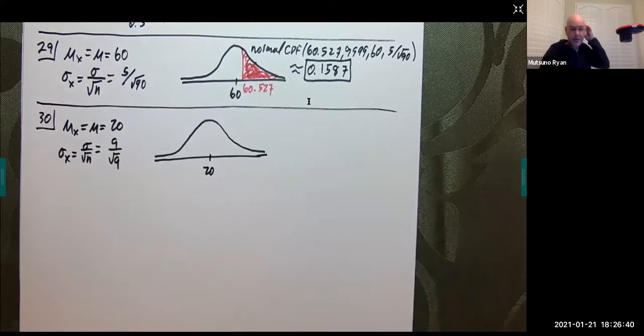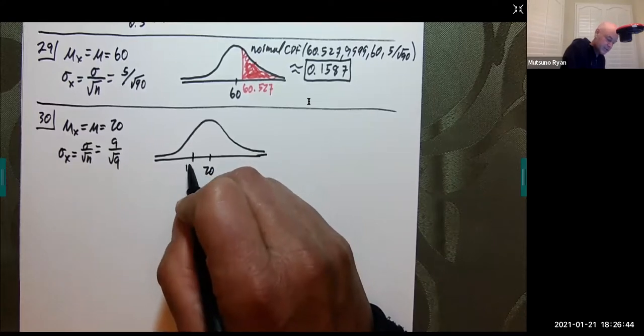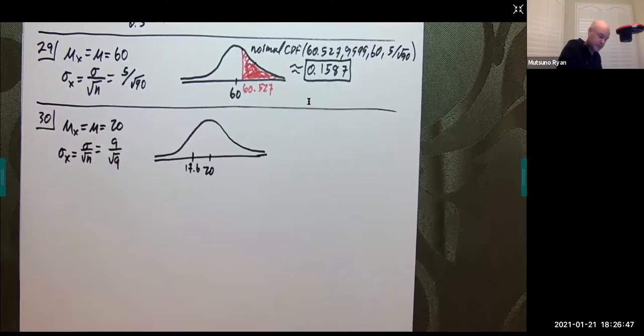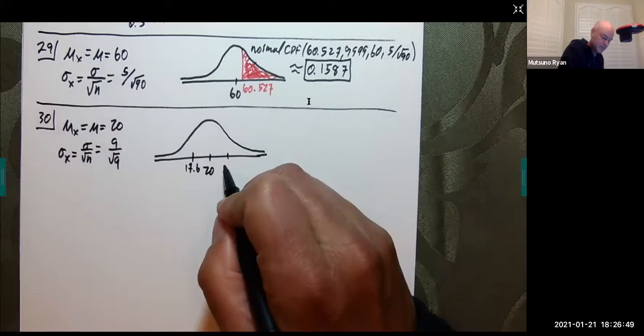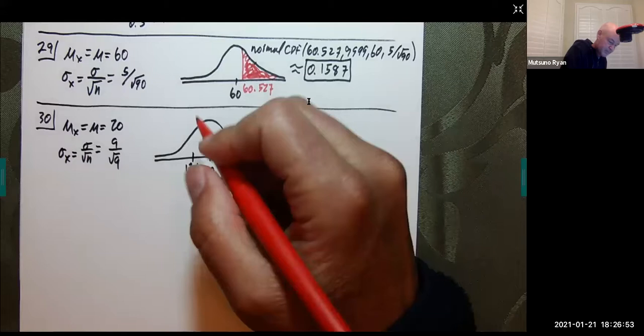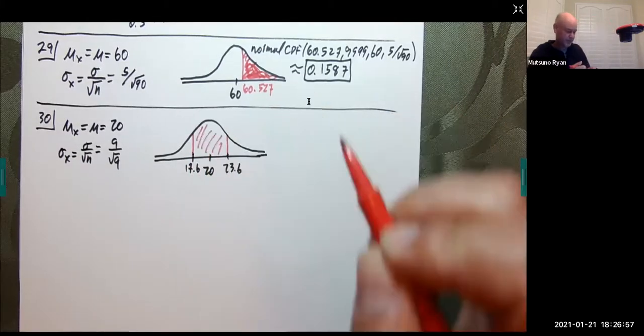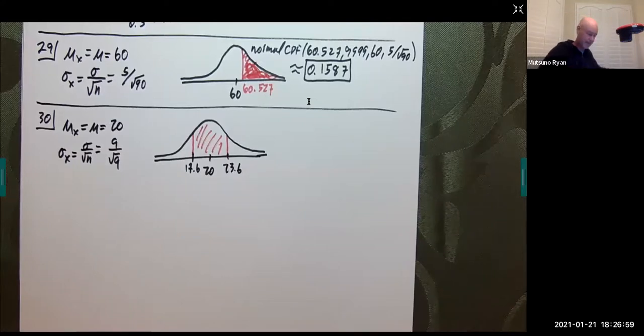And they want to go from 17.6 to 23.6. Now that looks a lot more symmetric than I think that it actually is, but that's okay.